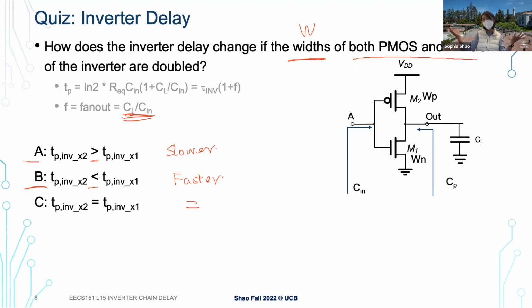When I have a network of gates, it's not only how strong an individual transistor is, it's also how strong it is relative to others, and you want a more balanced design. With a balanced design, it's typically not the case that the bigger, the better. You want to consider both what's in front of you and what's after you to get a balanced design. We'll see that in a couple of slides.